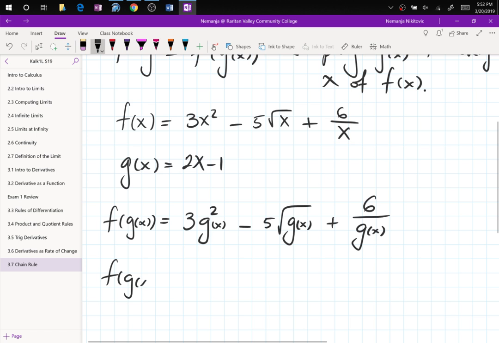So f of g of x is (2x minus 1) squared minus 5 square root of 2x minus 1 plus 6 over 2x minus 1.